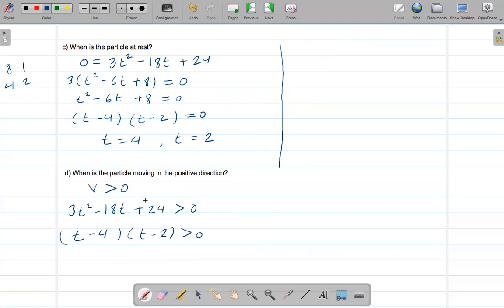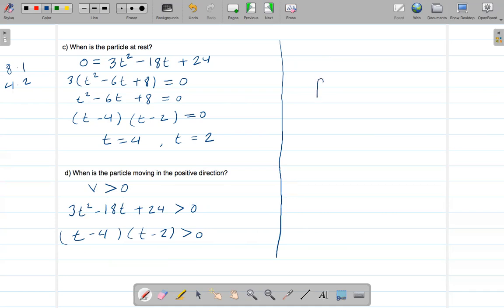Here we are trying to find when the particle is moving in the positive direction, and we're finding not just one value of t, but possibly a whole range of values. I think you learned this concept in algebra, but I'll explain it here.